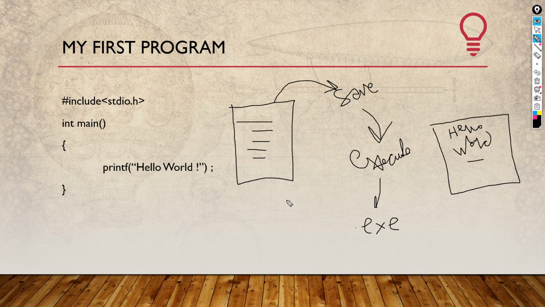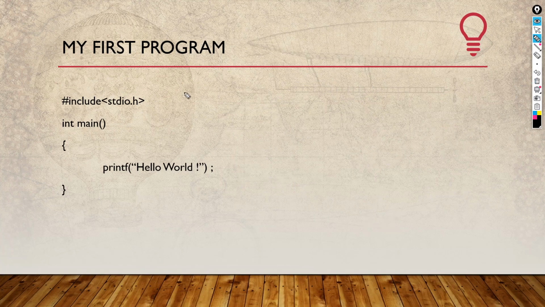Okay, now let's understand the code line by line. What is this #include <stdio.h>? This has a very complex function, we'll discuss it later, but right now just keep in mind that we need to include this file in every C program.